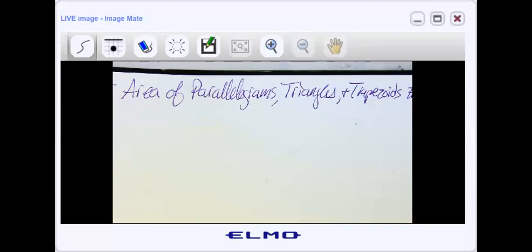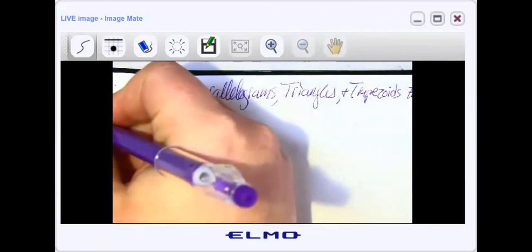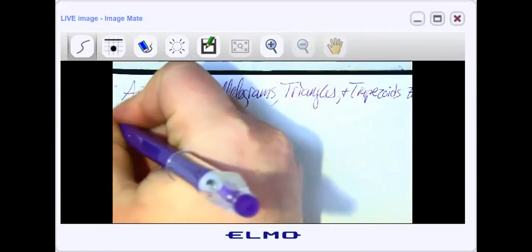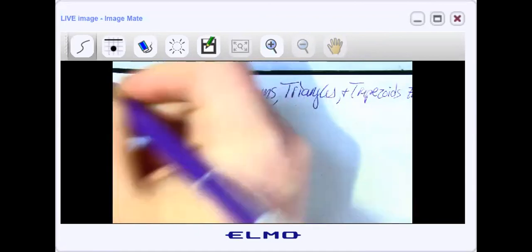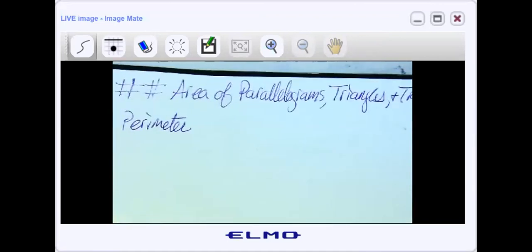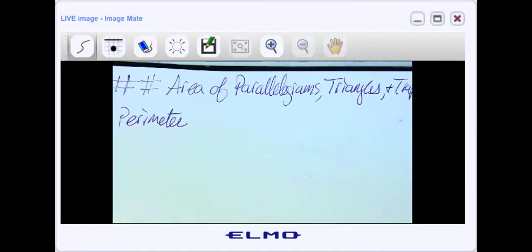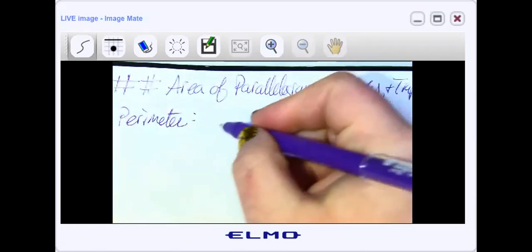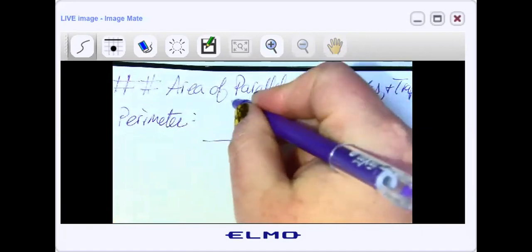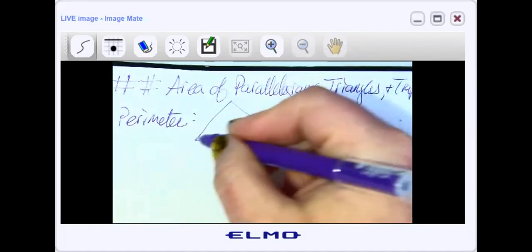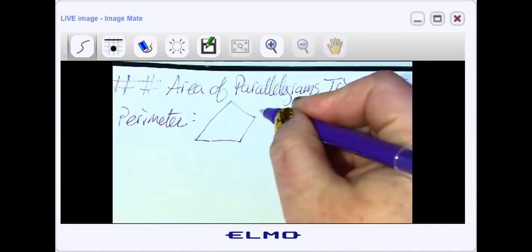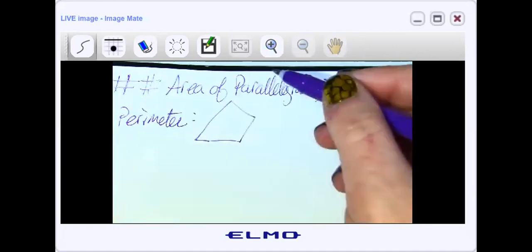the difference between perimeter and area. Those two are always talked about at the same time. We've already talked about perimeter, so let's just make sure that we remember. Perimeter, I always envision that as if you walked in that shape. If you had some kind of weird quadrilateral and you literally walked this distance, the perimeter would be how far you walked.